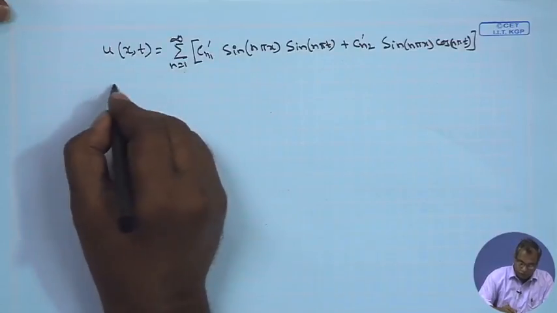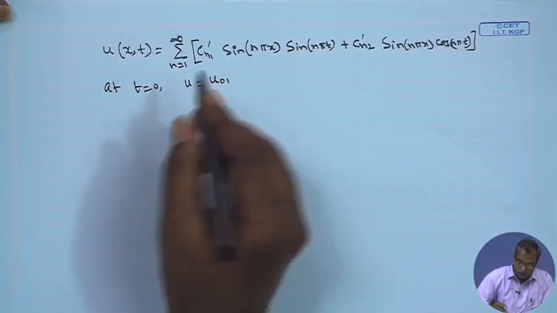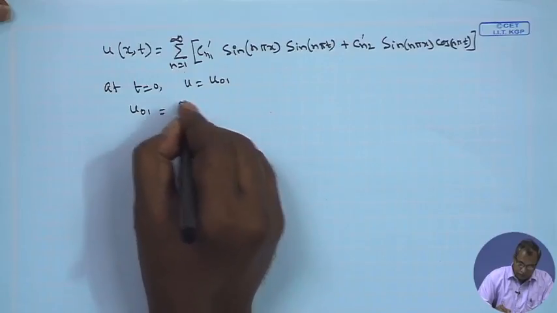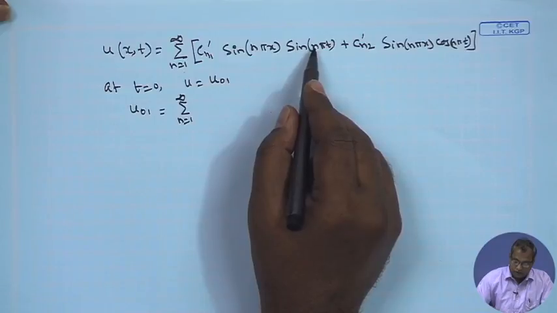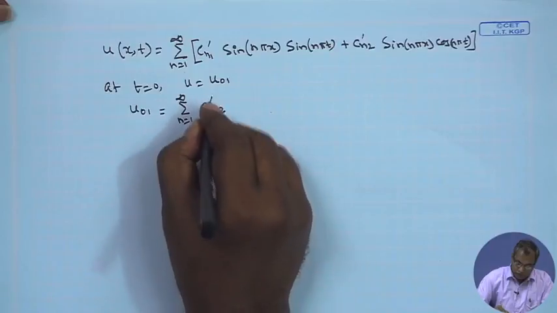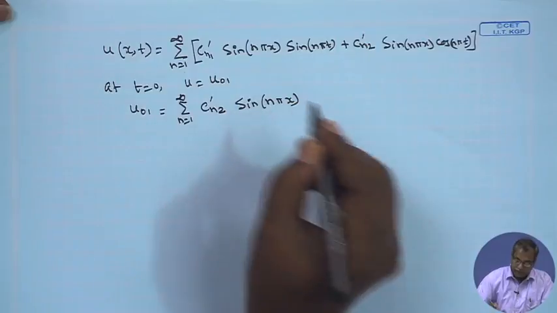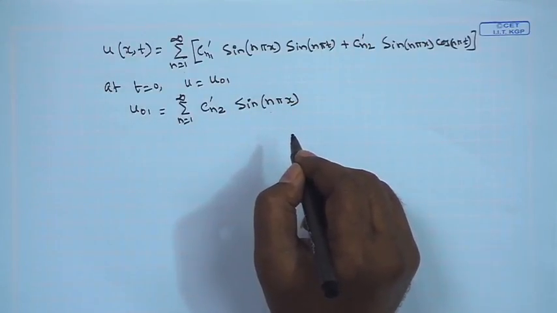Now, we utilize the first initial condition: at t is equal to 0, u is equal to u 0 1. So, therefore, we write u 0 1 is equal to the summation from n is equal to 1 to infinity. At t is equal to 0, sin 0 is 0 and cos 0 is 1, so only one term will survive out of these two. So, this will be C n 2 prime sin n pi x. Now, we will be evaluating the constant C n 2 prime by exploiting the orthogonal property of the eigenfunctions.